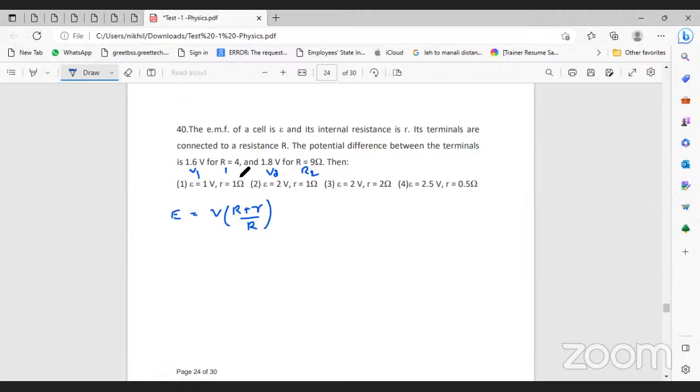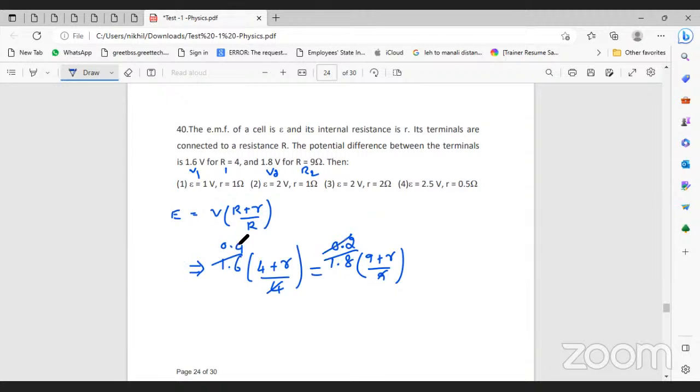For the first case, voltage is 1.6, capital R1 is 4, internal resistance we don't know, by 4. Equate to the second case. For the second case, it is 1.8 into (9 plus r) by 9. Now you can simplify. 9 ones are 9, 9 twos are. Here it is 4 ones are 4, 4 fours are.